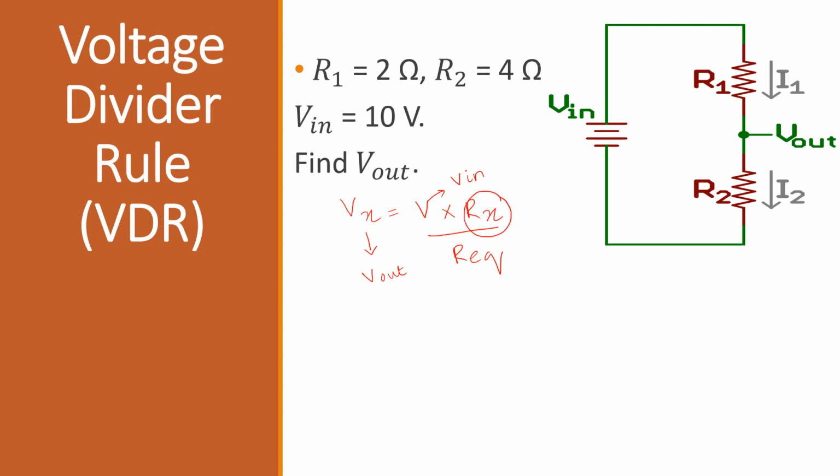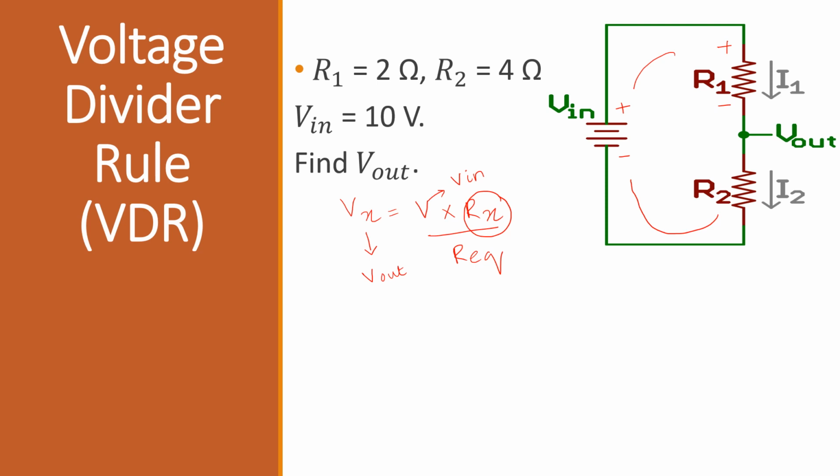We know that this terminal of Vin is positive and this terminal is negative. So this terminal of R1 will be positive because it is connected to the positive terminal of Vin, and this terminal of R1 will be negative. Similarly, this terminal of R2 is connected to the negative terminal of Vin.